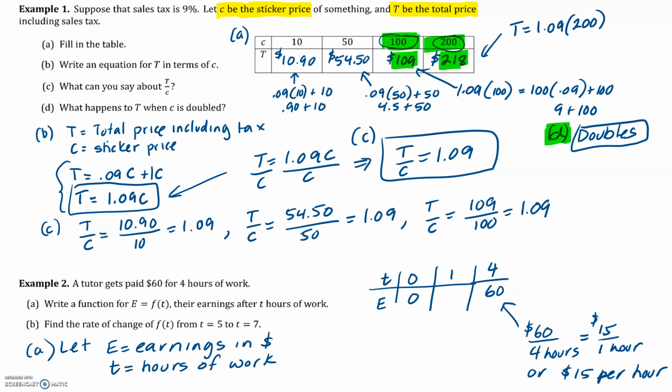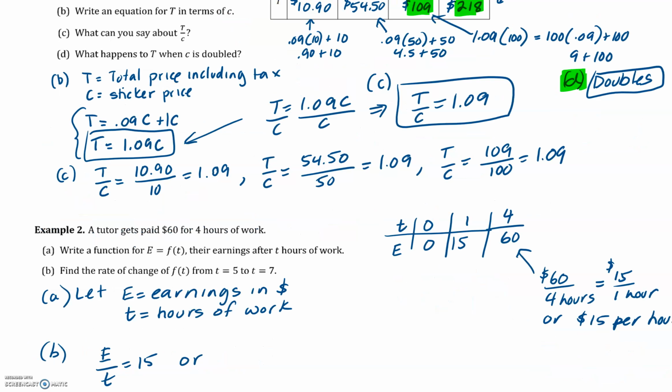That would be our rate of change. So after 1 hour, it'd be 15. This is again like example 1, right? The tax over the cost, or the price, was 1.09. Now the earnings over the time is going to be 15, or E is going to be 15t.